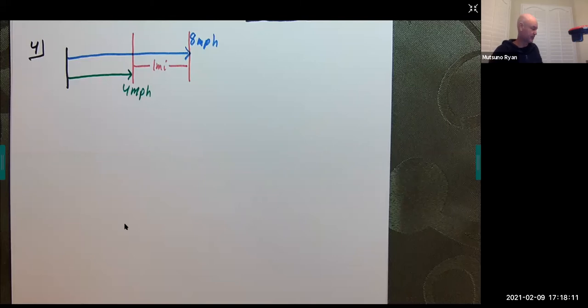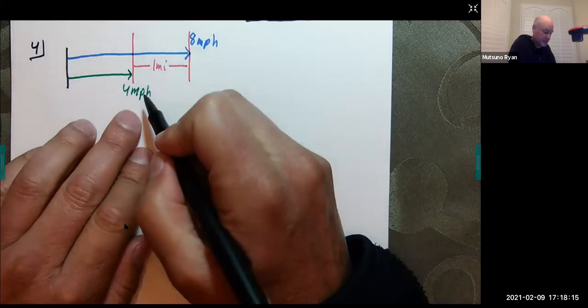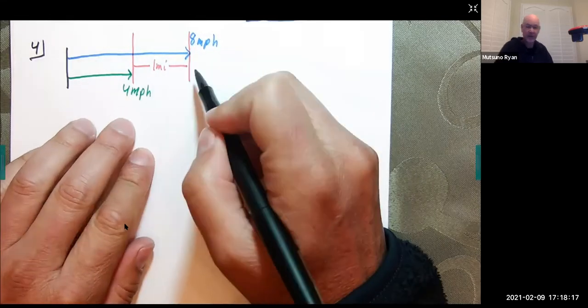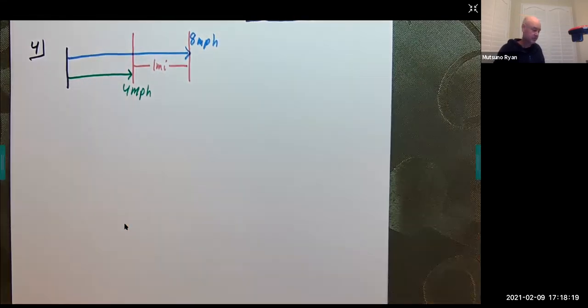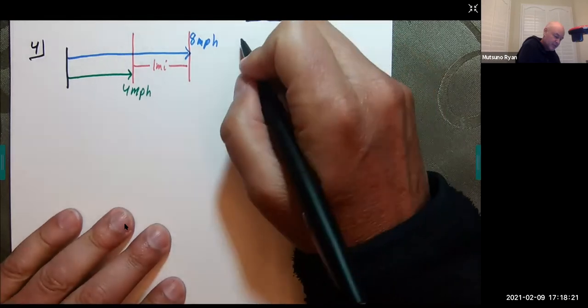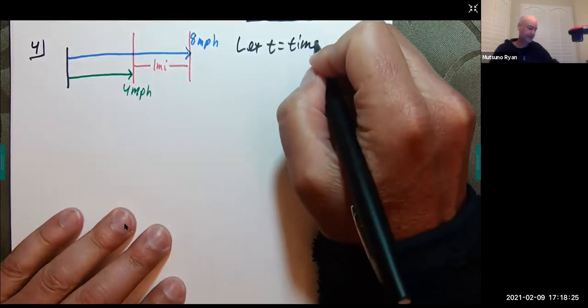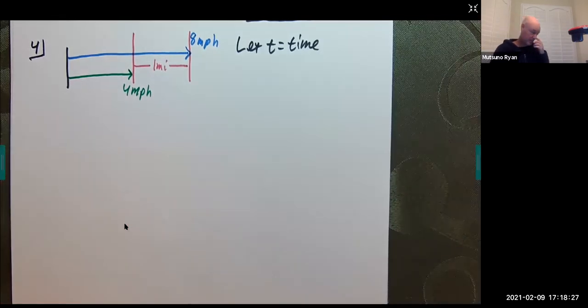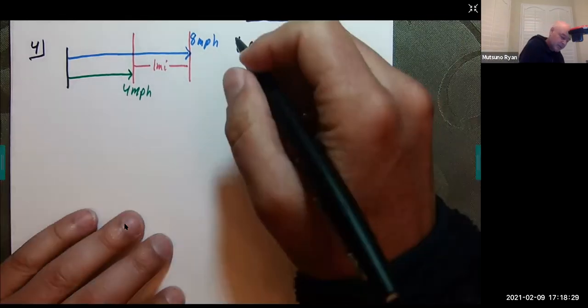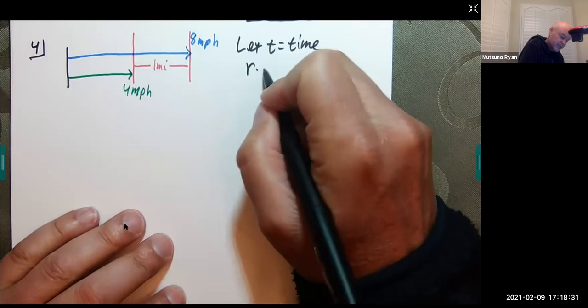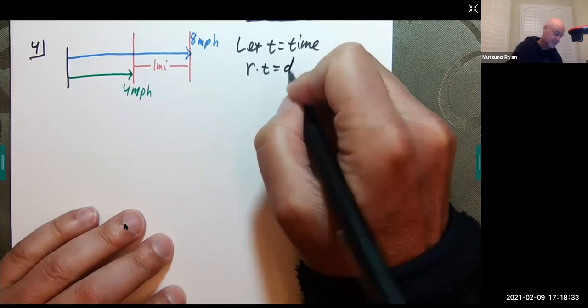So we have 3 components going on here. We have a rate, we have distances, and then we have a time as well. In fact, I'm going to let t equal the time. And to be clear, we are going to use a formula, rate times time is distance.